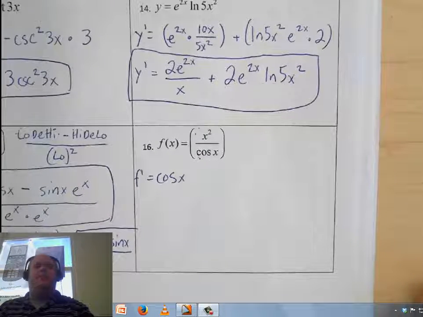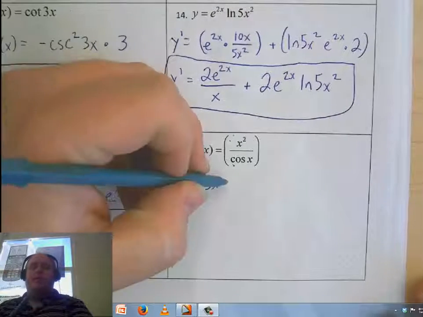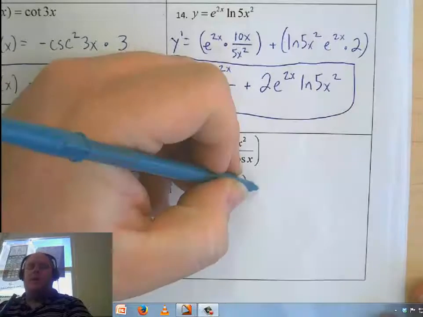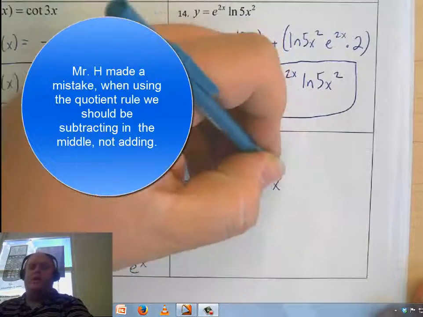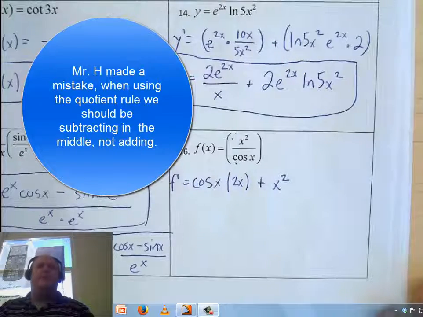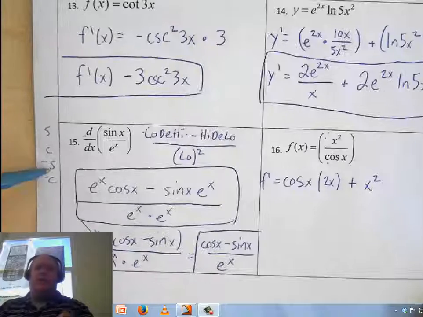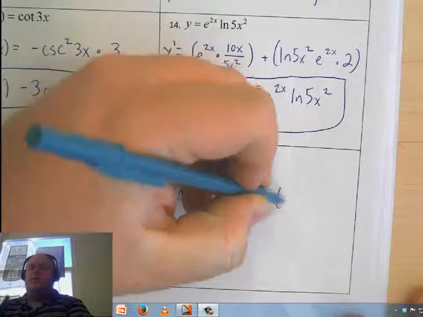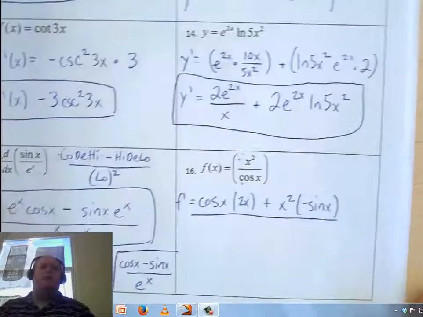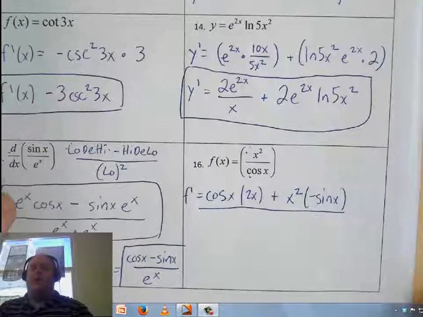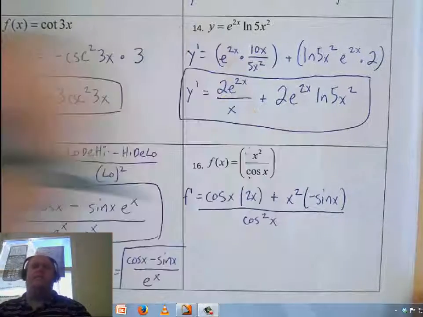So f prime equals cosine of x, the low function, times the derivative of the high, which is times 2x, plus, we're going to do the exact opposite now, the high function, which is x squared, times the derivative of the low. The derivative of cosine of x is, right over here, negative sine of x, over low squared. So cosine of x squared is not cosine of x squared, it's cosine squared of x.